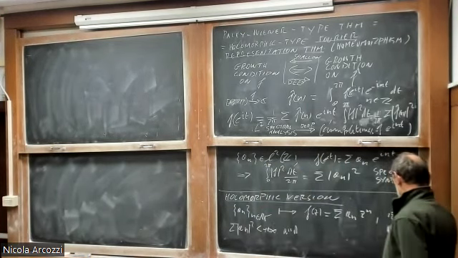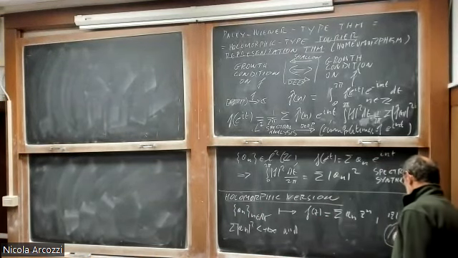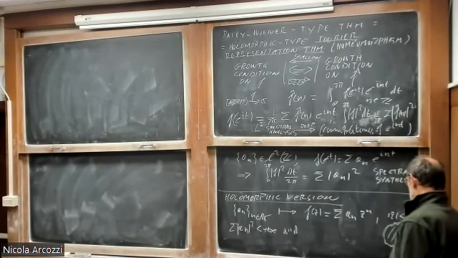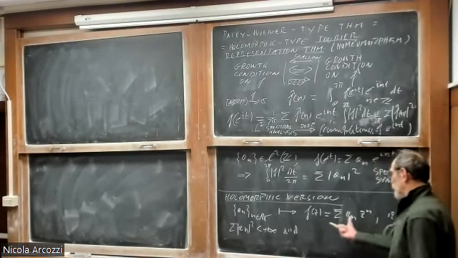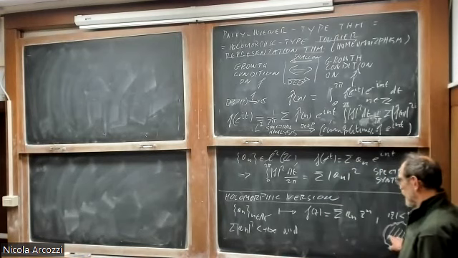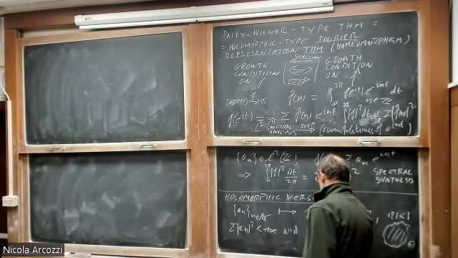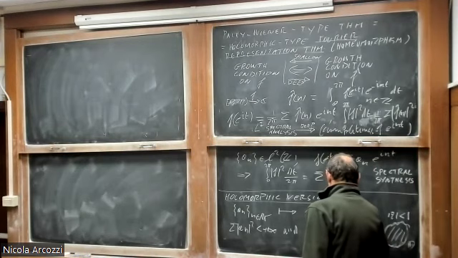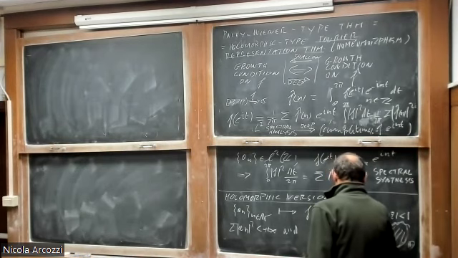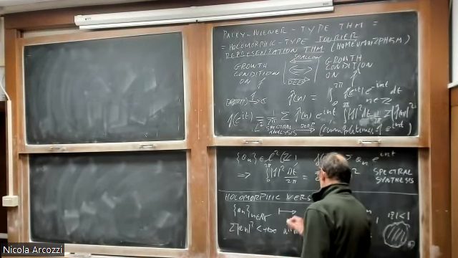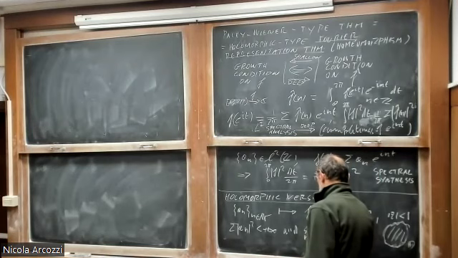Okay, this function here is defined inside the unit disc, not on the boundary a priori. And so we want to reconstruct, to have a norm which depends on the values inside. So we consider the integral between 0 and 2 pi of f(r e^{it}) mod square, over 2 pi, and we take this supremum, which is the same as the limit for r going to 1.